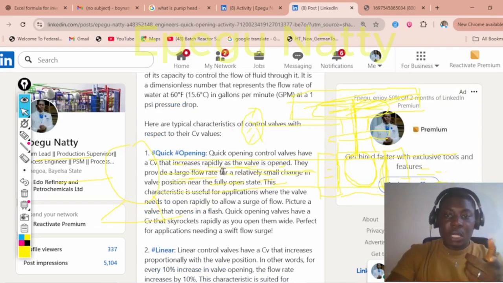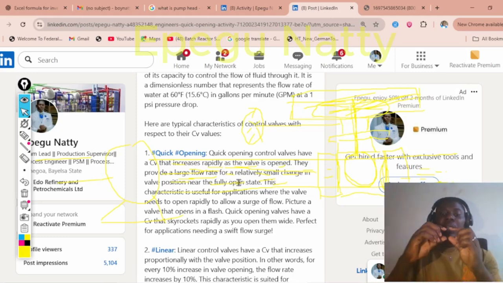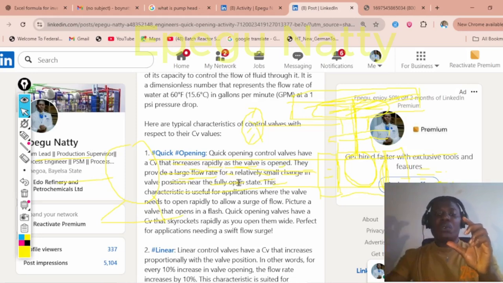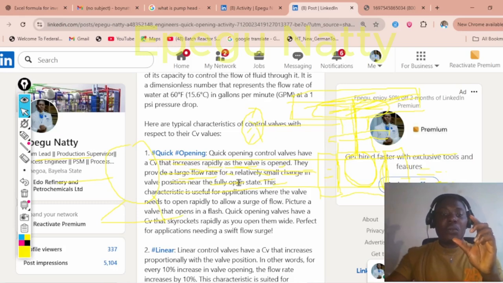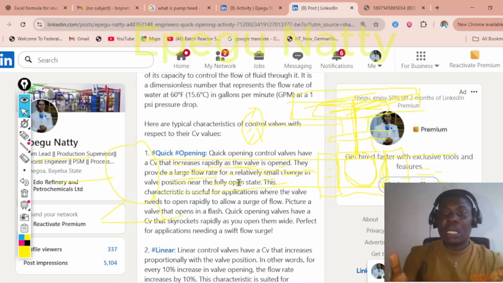Okay, so let's look at the first one. The first one is the quick opening. Quick opening control valves have a CV that increases rapidly as the valve is opened. So immediately you open the valve, there's a rapid flow of fluid. All right. Now, in some settings, you might actually want that. Maybe if you are transferring water somewhere, you might want water to just pass through.